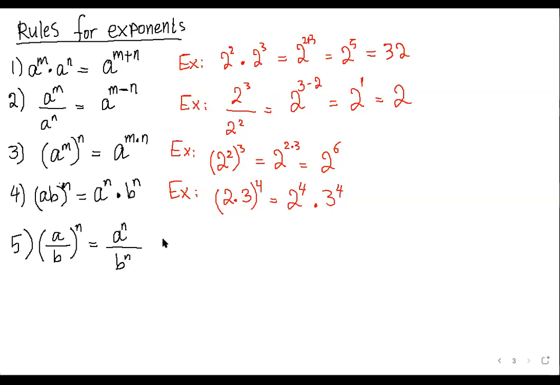I give an example. If I have 2 over 3, all of this to the power, for example, 4. Same thing, 2 to the power 4 over 3 to the power 4.